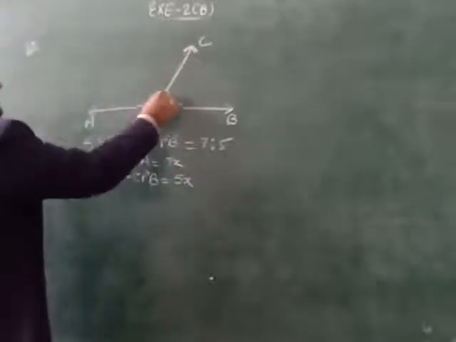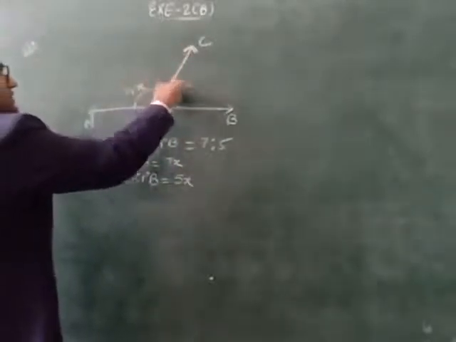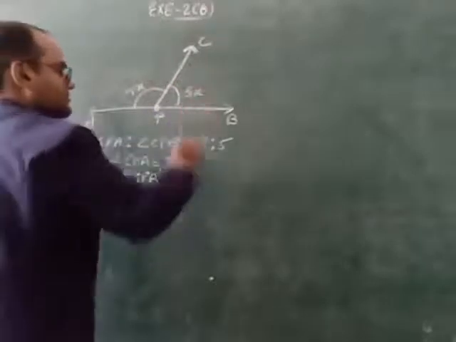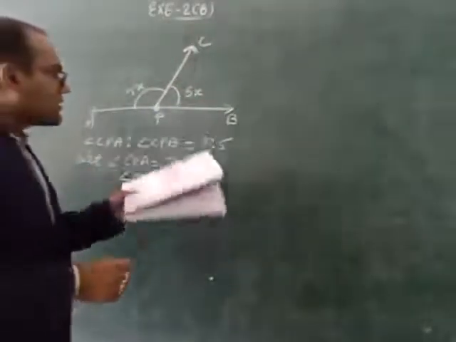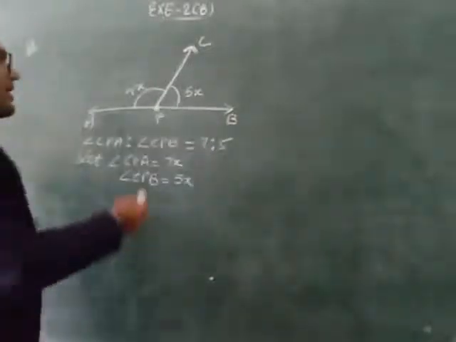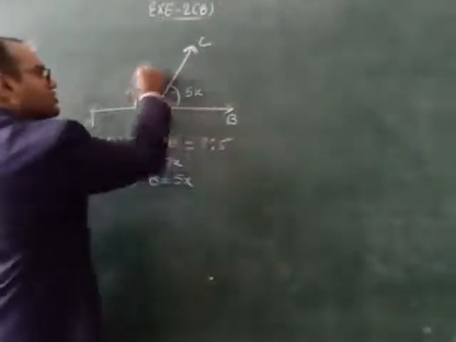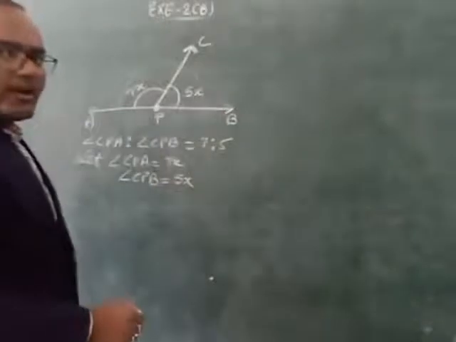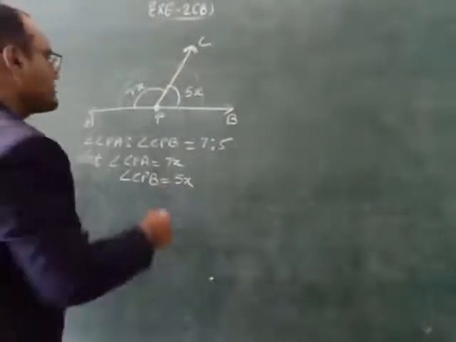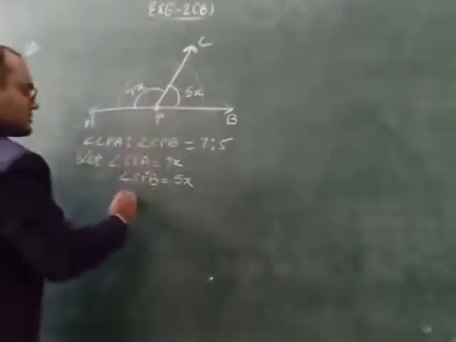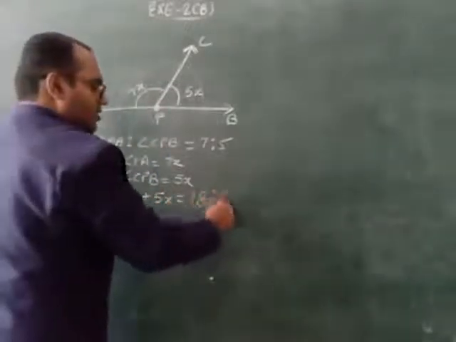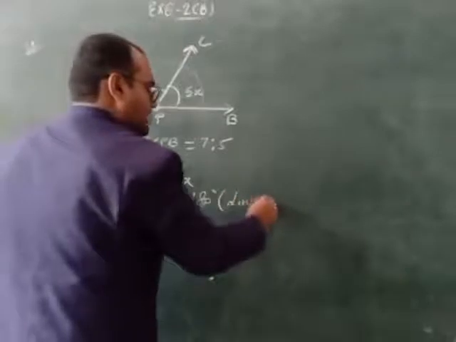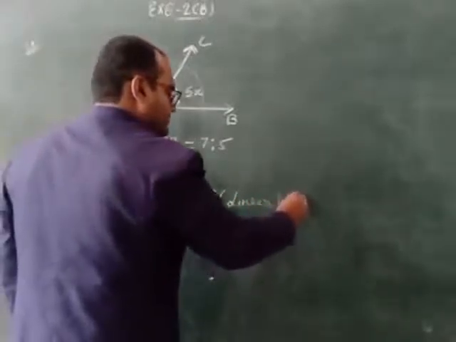So CPA, this is the 7x and this angle is 5x. And in the figure, if you observe carefully, here two angles are coming and both are on a straight line. So two angles on a straight line, linear pair property we have to use. Sum of these two angles, 7x plus 5x will be 180 degree because this is the linear pair property.